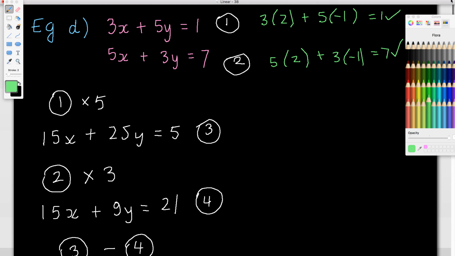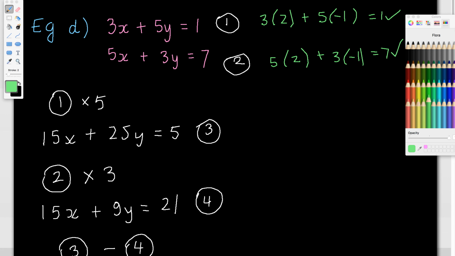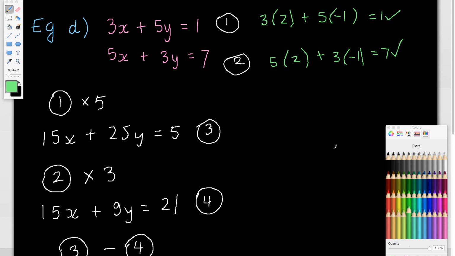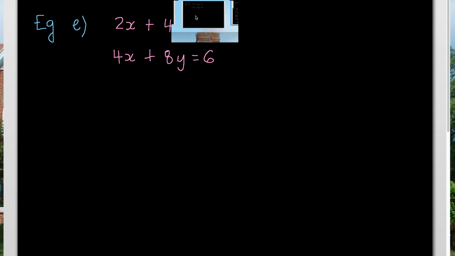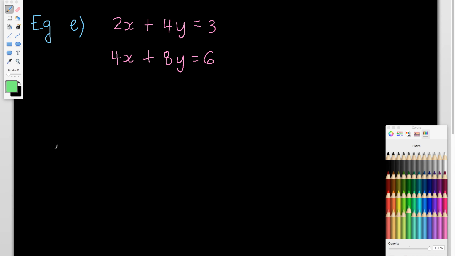Now, back when I first introduced you to this skill of simultaneous equations, I mentioned that two lines will not have a unique solution, or one answer, if they are the same line. So if they sit on top of each other, they are exactly the same line.